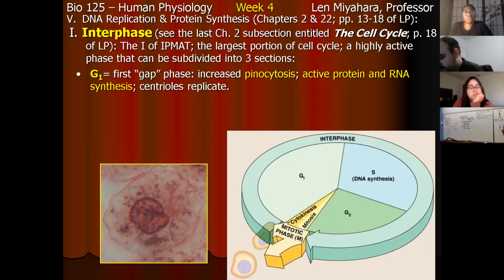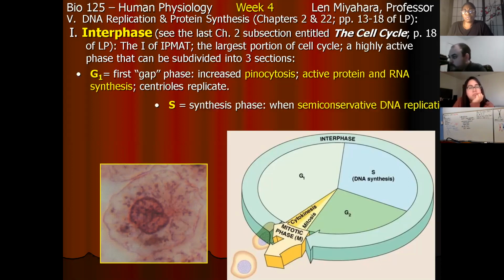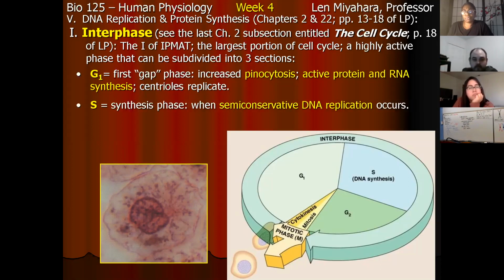The centrioles that went to opposite poles, they're in pairs in what's called a centrosome, but they get divided. And so there's only one centriole pair after mitosis, after cytokinesis. Well, right away they replicate. S is where the semi-conservative replication happens.